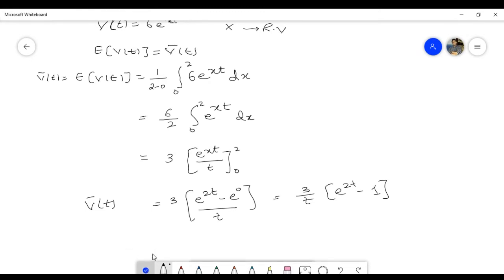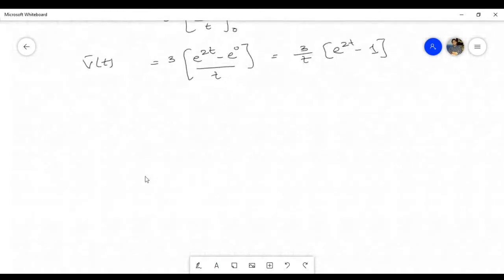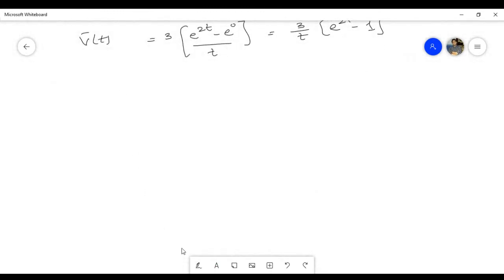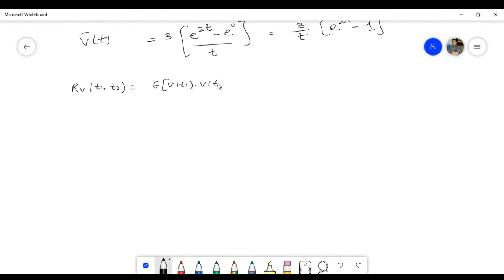In the same way, we will find the autocorrelation function R_v of t1 comma t2. So the autocorrelation function is given as R_v of t1 comma t2, for two different times t1 and t2. This is written as the expected value of v of t1 and v of t2.